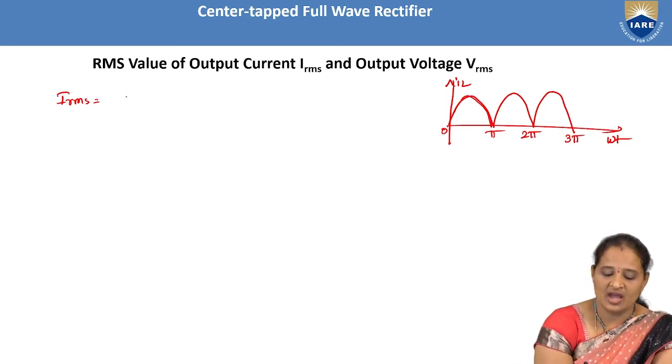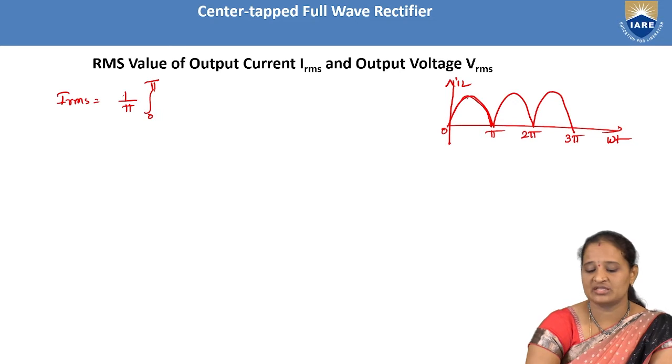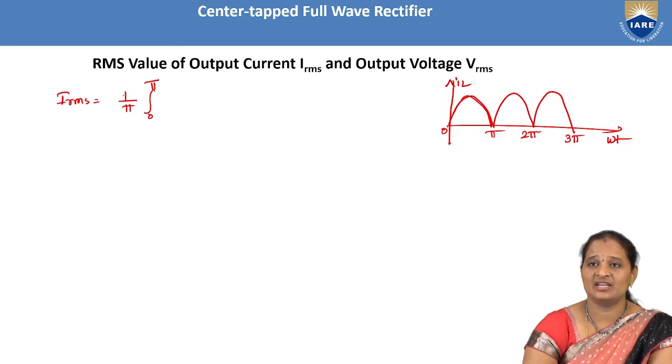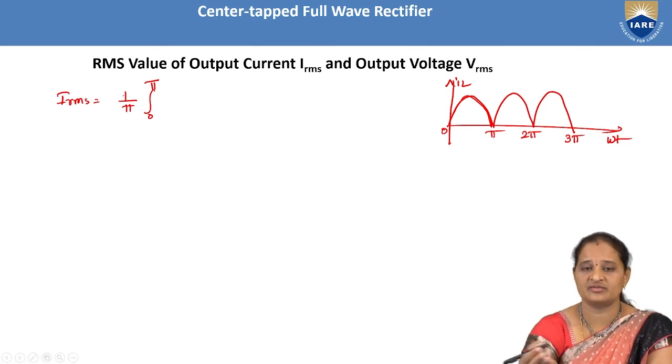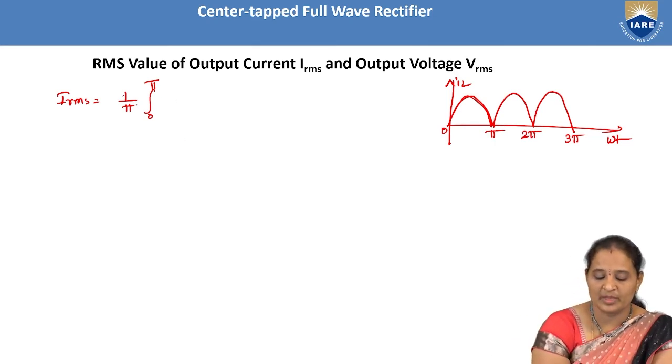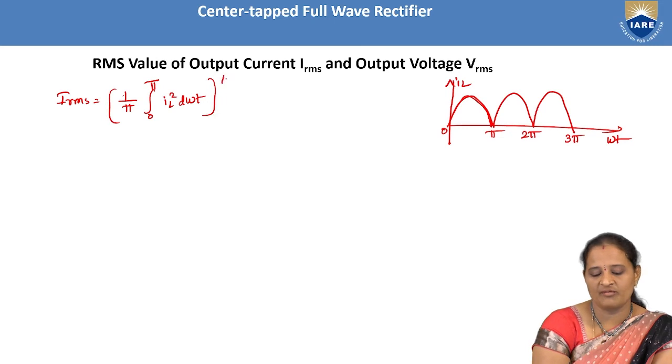So I can write the formula as 1 by pi integral 0 to pi, because I am considering only half cycle. Because the output is identical for both cycles, I am just taking one cycle and finding the RMS value: 1 by pi integral of IL square d omega t, whole to the power of 1 by 2, that is the root mean square value.